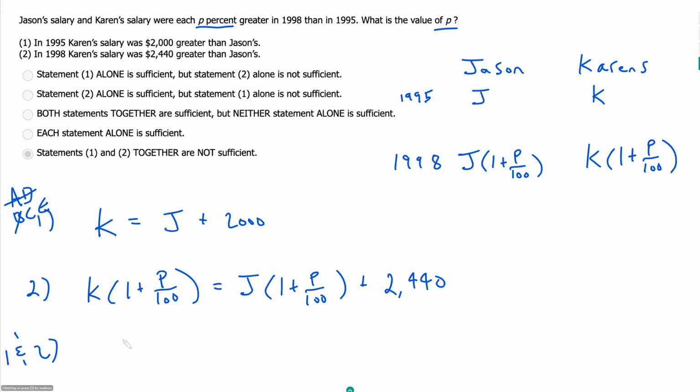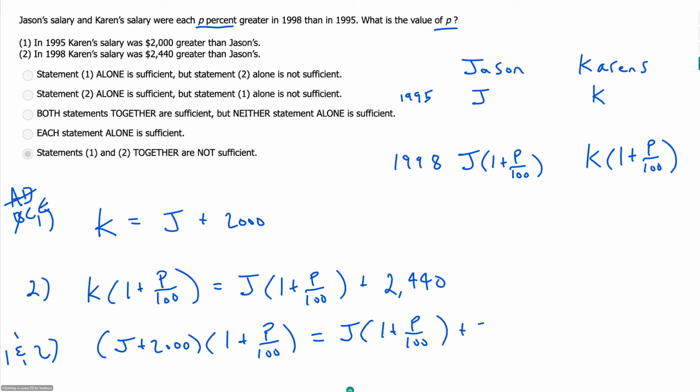So now we have J plus 2,000, that's K, times 1 plus P over 100, is equal to J times 1 plus P over 100 plus 2,440.